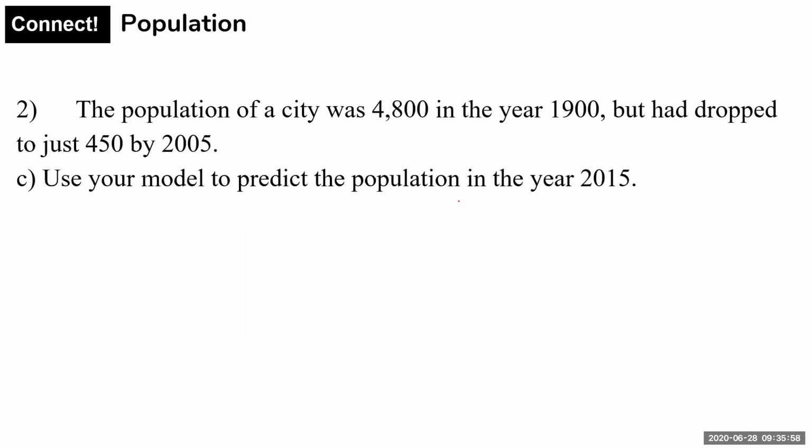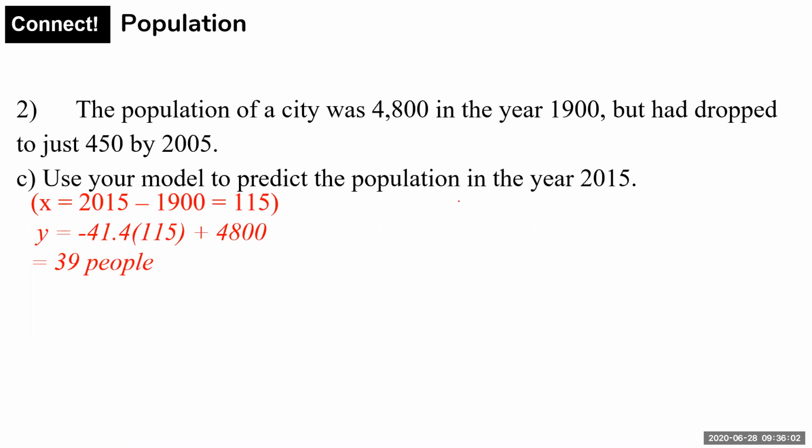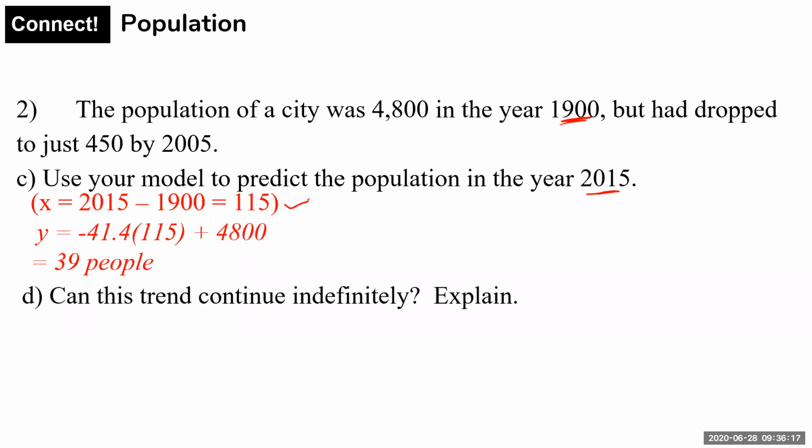All right. Now we want to use the model to predict the population in 2015. So you find the year difference between 2015 and the starting year, 1900, and that gives you 115. You plug that in, and that gives you 39 people. Now, can this trend continue indefinitely?